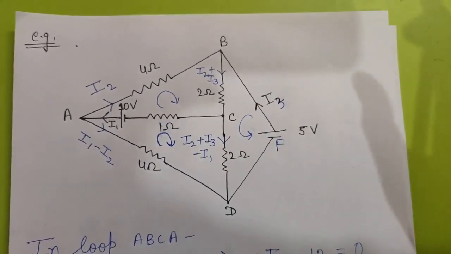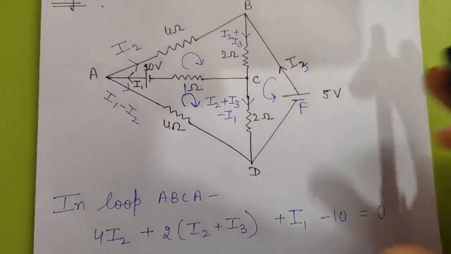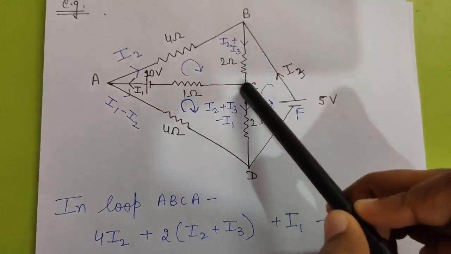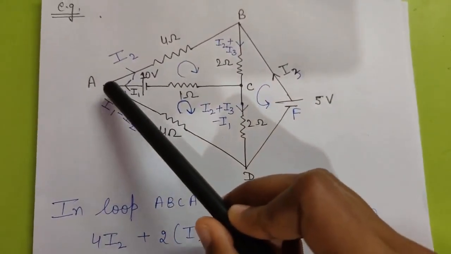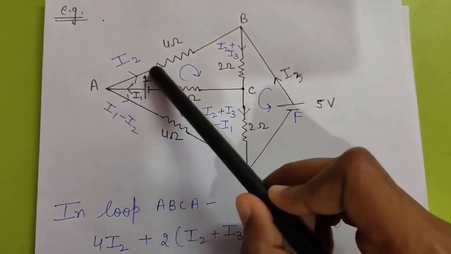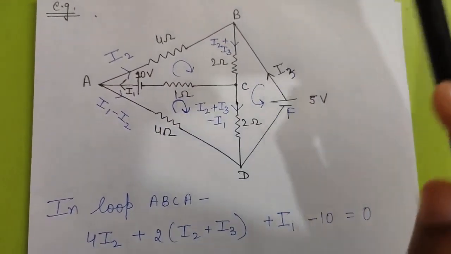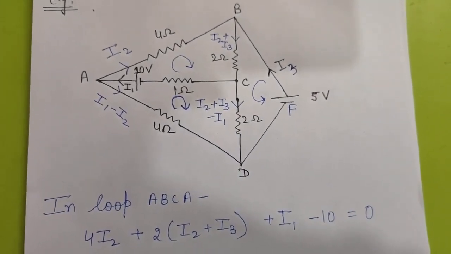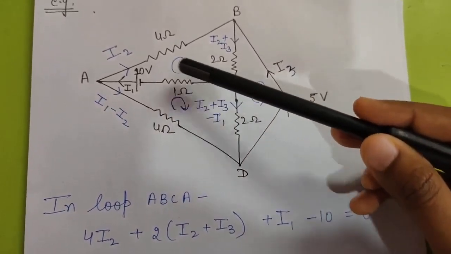Now we'll start making the equations. Let us first choose the loop ABCA. In loop ABCA, I'm starting from this point and choosing the clockwise direction. You can choose any direction, either clockwise or anti-clockwise, the result will come out the same.